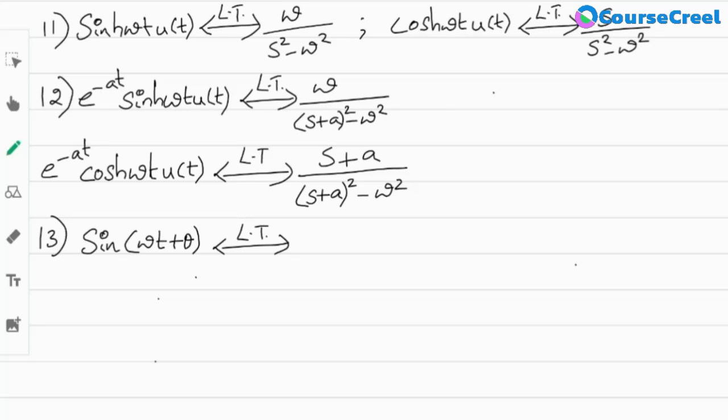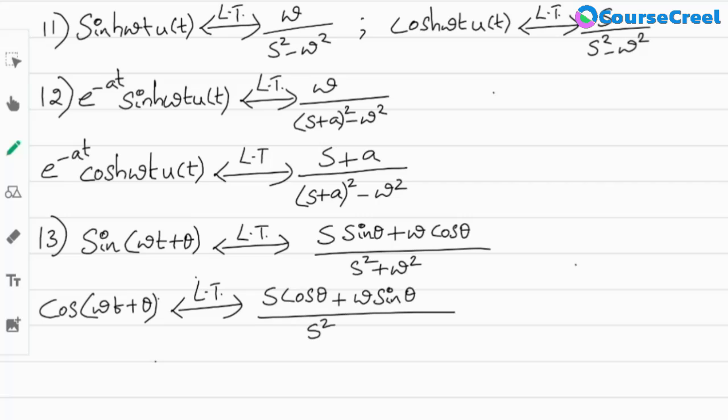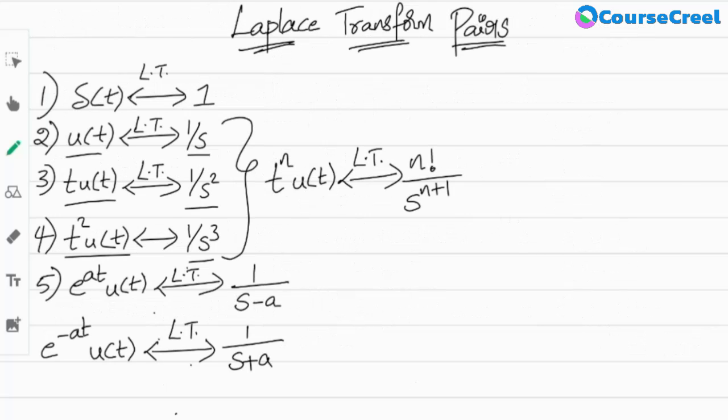Laplace transform of sine omega t plus theta is s sin theta plus omega cos theta by s square plus omega square, and Laplace transform of cos omega t plus theta is s cos theta plus omega sin theta by s square plus omega square. So these are all the Laplace transform pairs.